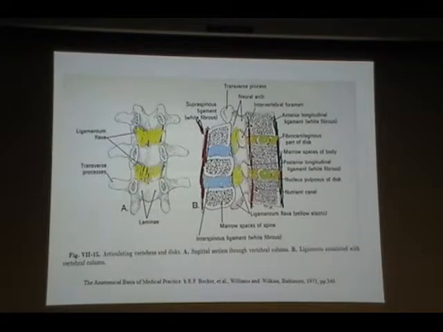What's different about these in relationship to other dense ligamentous connective tissue? What's different about these ligamentum flavum? Why are they yellow? What's in them that makes them yellow? Any idea? Okay.